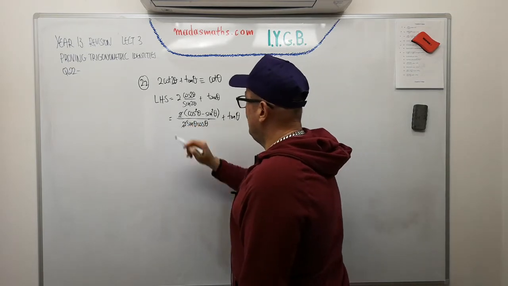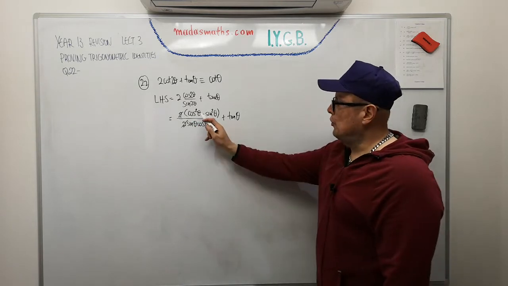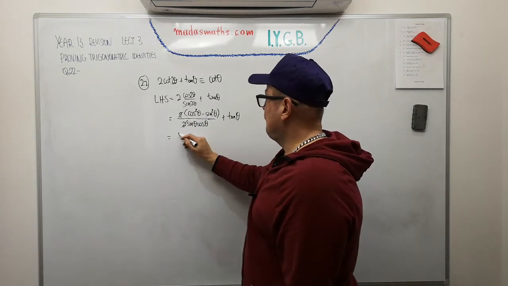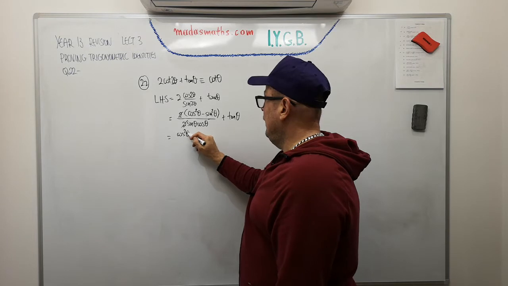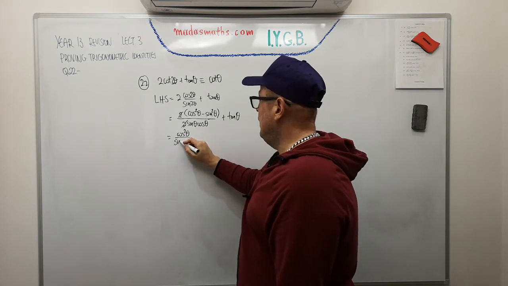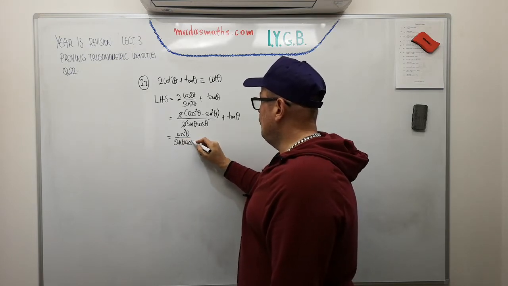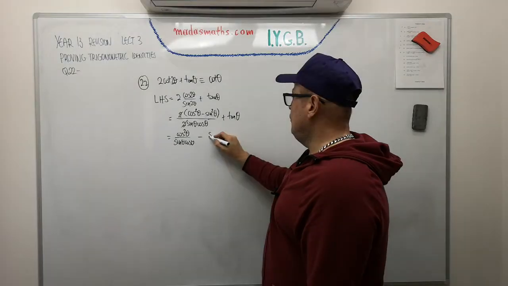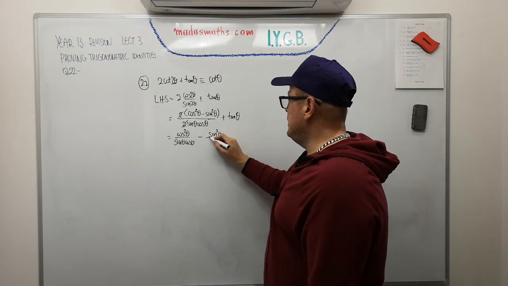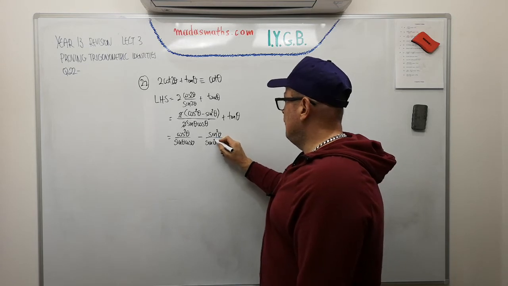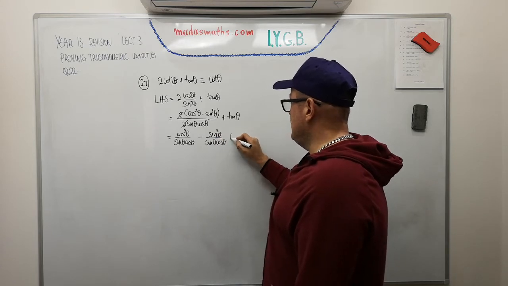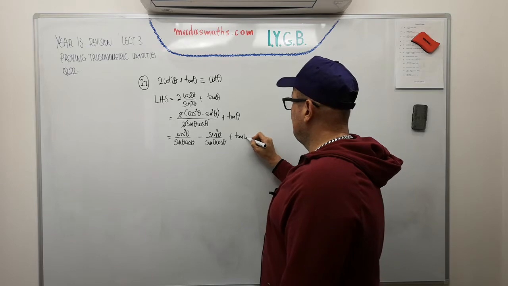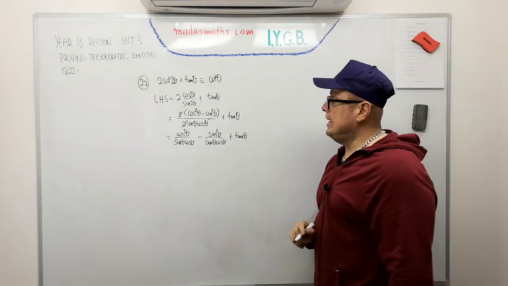Cancel your 2's and then split your fraction. Cos squared of theta divided by sine theta cos theta. This will produce tans and cots really. Minus the sine squared of theta divided by sine theta cos theta plus that tan. Somehow we need to lose that tan of theta at the end.